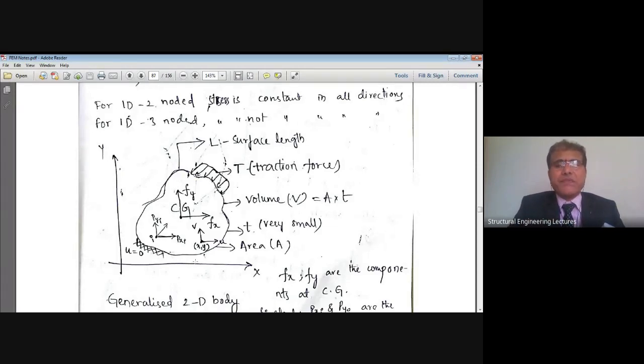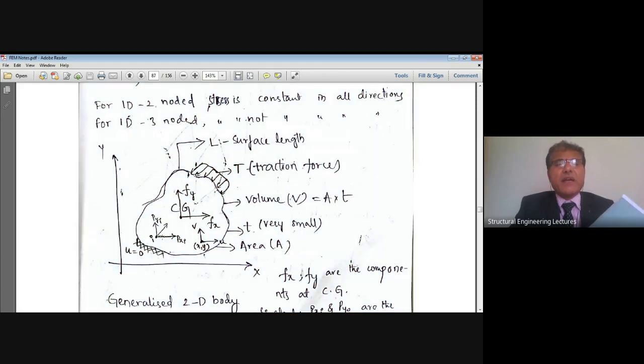Let the total surface length be capital L, and let the self-weight of this 2D continuum act at the CG of this shape. It can be split into two coordinate directions as small f subscript x and small f subscript y.